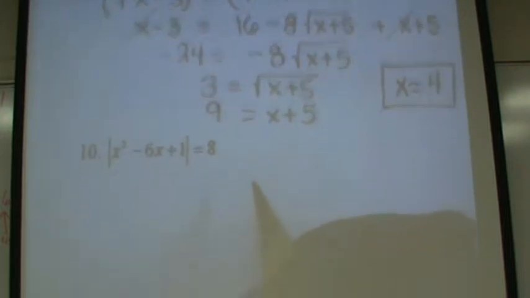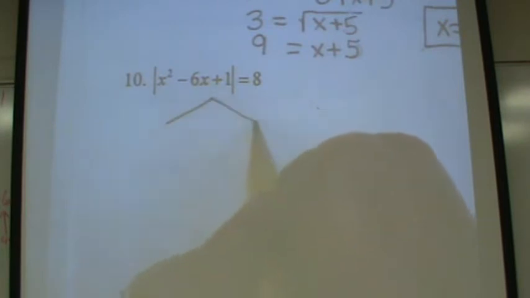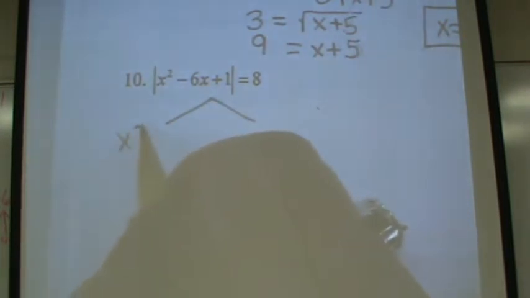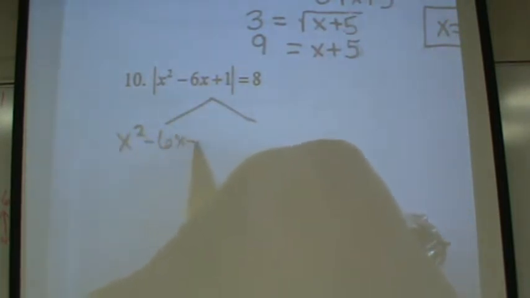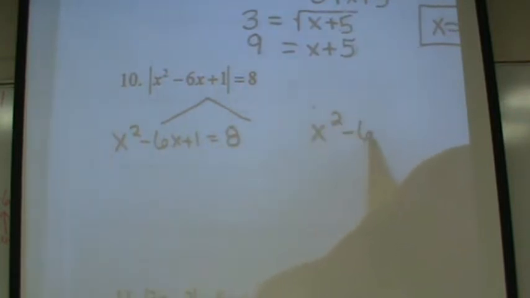Number 10, this is an absolute value problem. You have to break this up into two problems. X squared minus 6x plus 1 equals 8, and x squared minus 6x plus 1 equals negative 8.